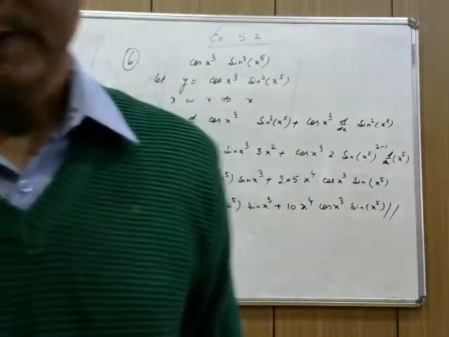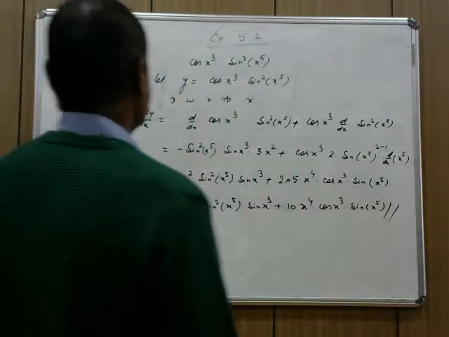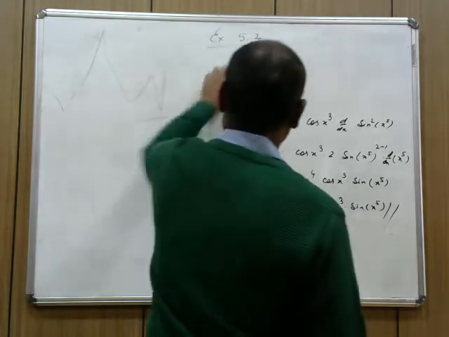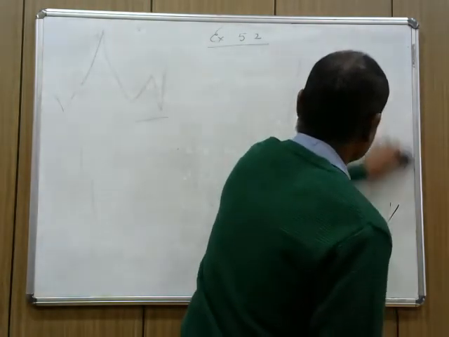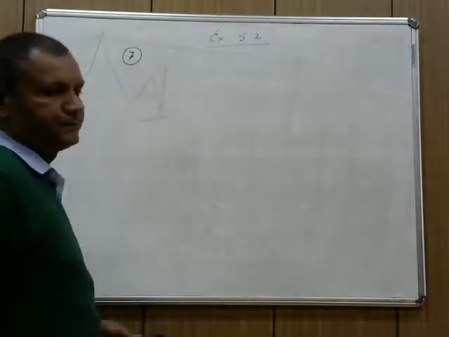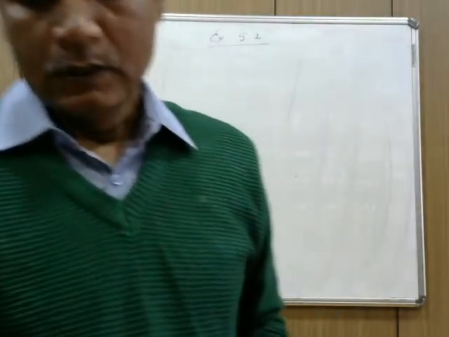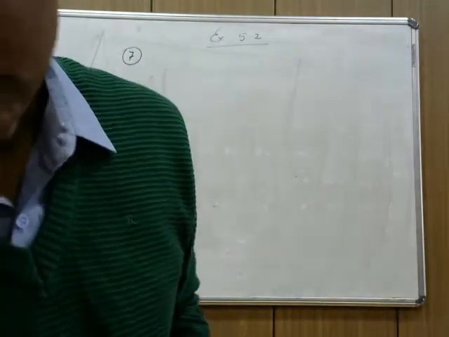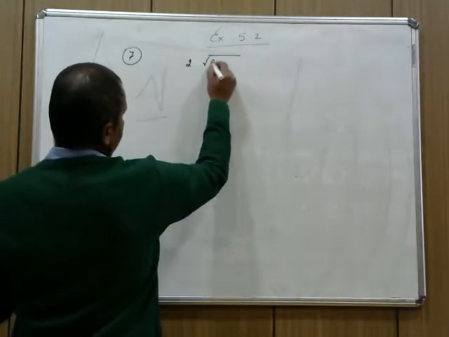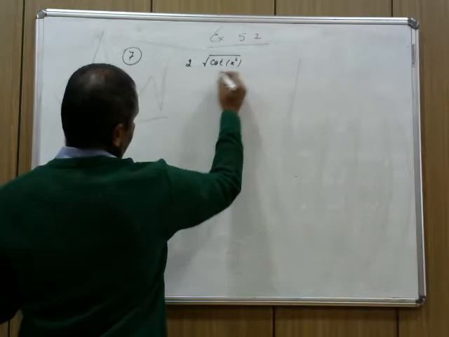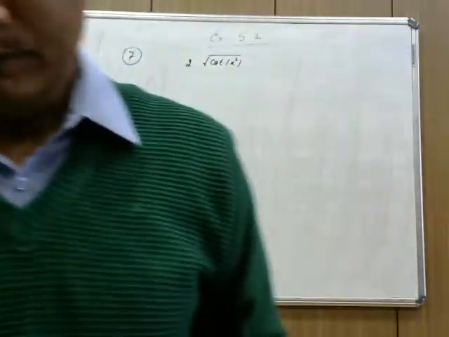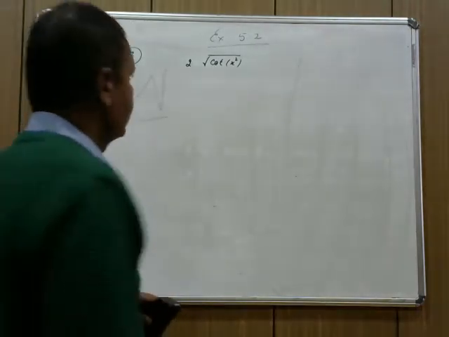Now the next question is question number 7. We have y is equal to 2 under root cot x square.